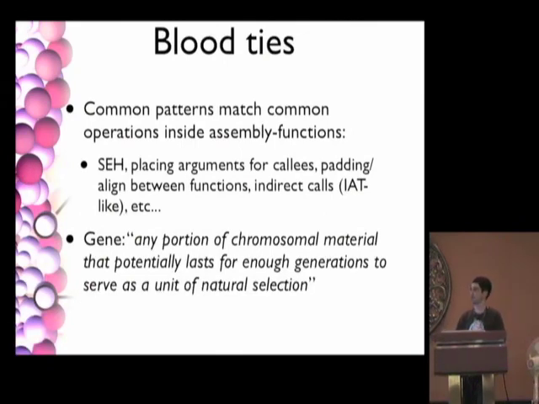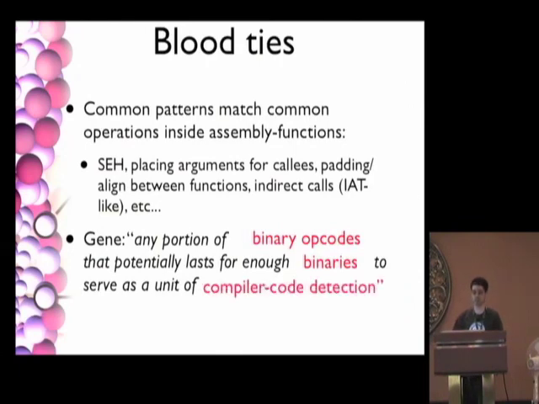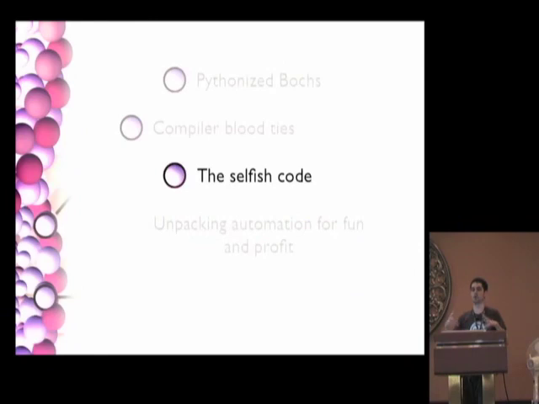We will define that our genes, the compiler genes or whatever you want to call them, are any portion of binary opcodes that potentially last for enough binaries and that will serve us as a unit of compiler code detection. That's the main point of the thing: be able to detect code that has been compiler generated.